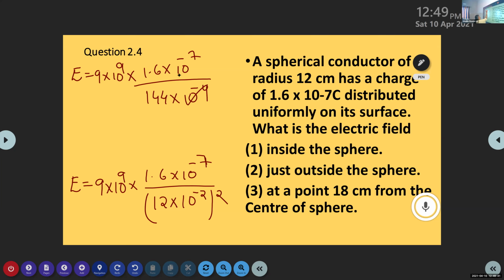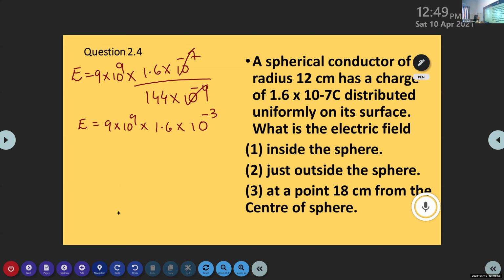So we can cancel this. It becomes 9 into 10 raised to 9 into 10 raised to minus 3 divided by 144. We can cut this 9 and 144 and also this 9 and 3.